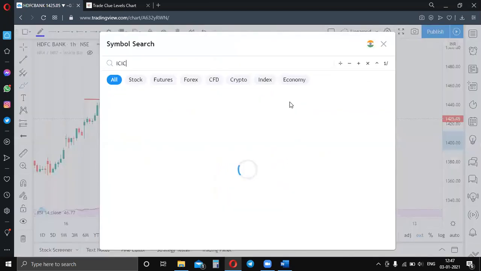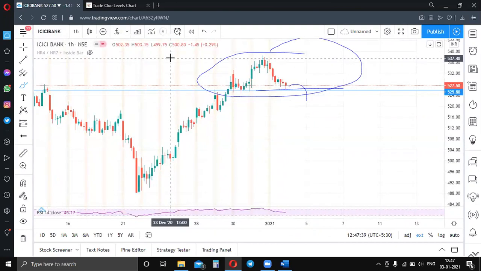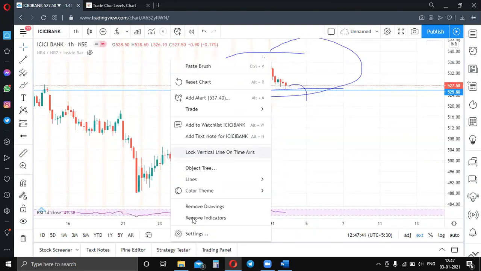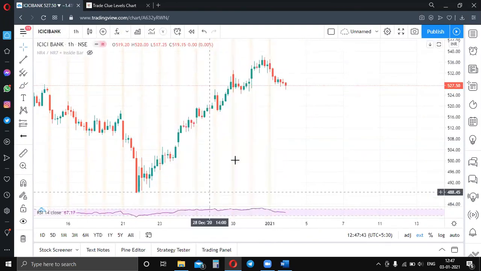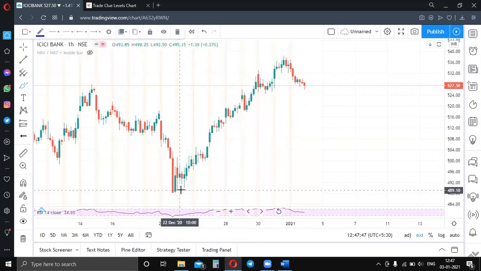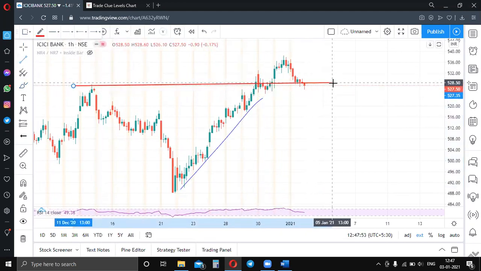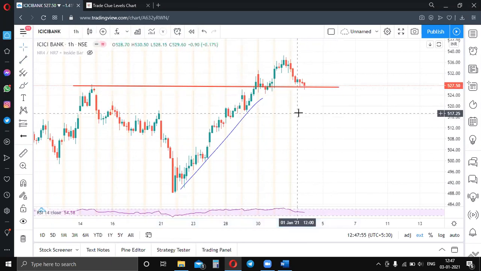Now ICICI Bank is not having much clarity. It's just the last downfall that happened the previous day, but the good thing is it also had a very strong up move earlier. This was the earlier resistance zone, which is now acting as a support.